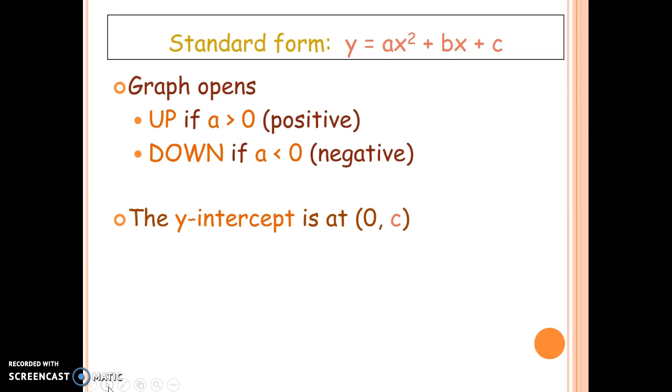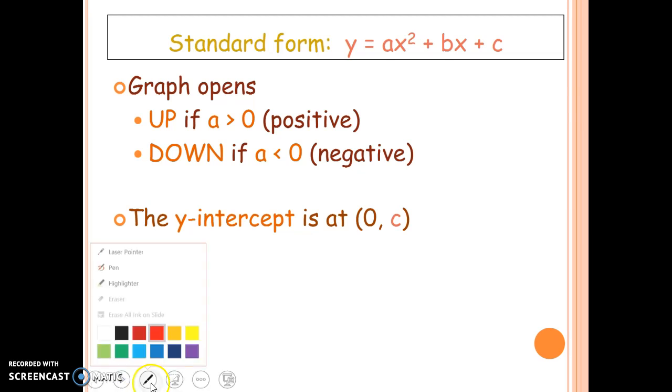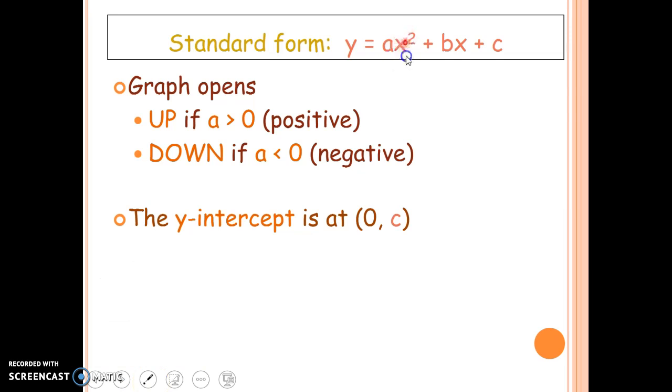So c represents your y-intercept, and that makes sense if you plug in a 0 for x. The terms with x give you 0, and so the y value is just that c, which represents your y-intercept.